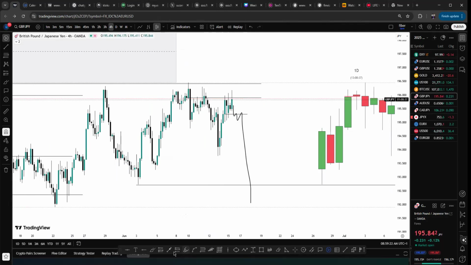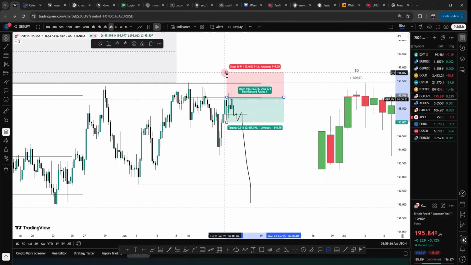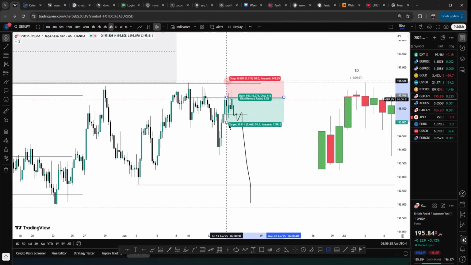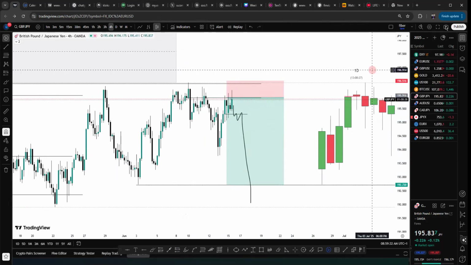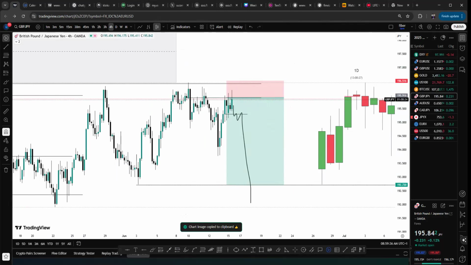So which means if we were already selling, you can maintain your stops above that high, and then you take profit right down here. All right, it's not bad. It's a good trade. Let me just quickly share this to the Discord server.